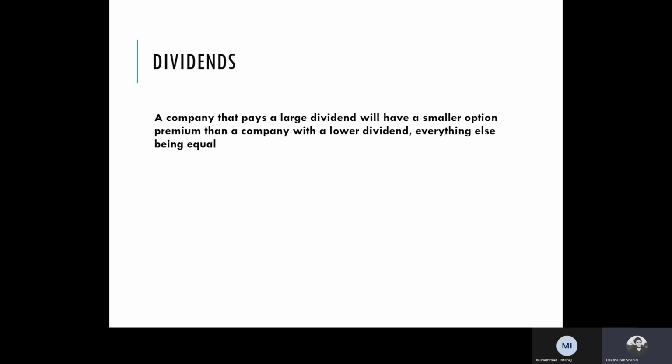We haven't discussed how dividends affect it, because we are assuming that no cash dividend is paid during the time of the call option. We will discuss that later on.